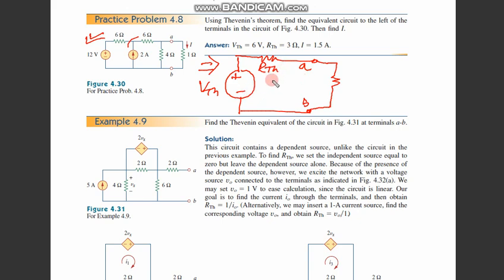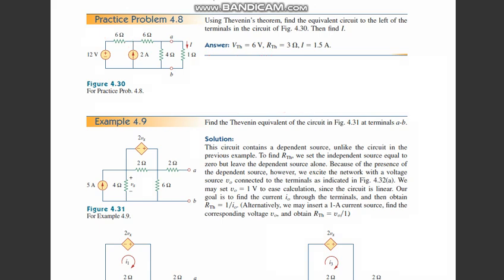Now in the Thevenin circuit we have two unknowns, R Thevenin and V Thevenin, the resistance and the voltage. To work out the resistance, we should redraw the given circuit.